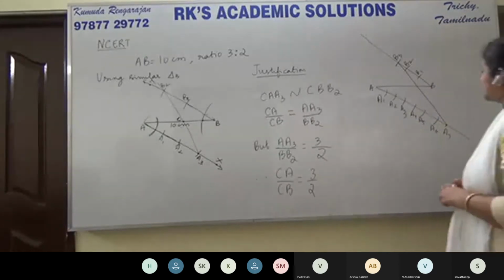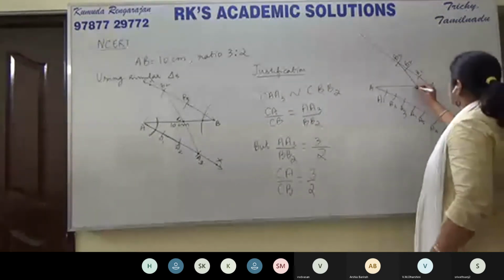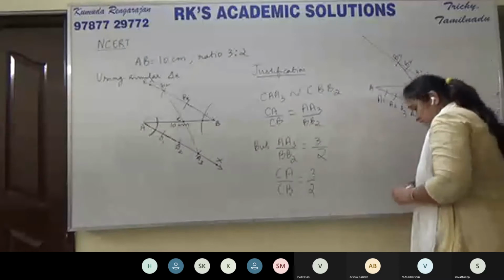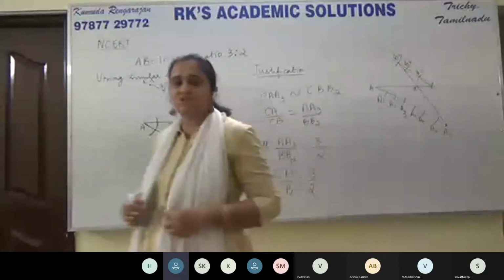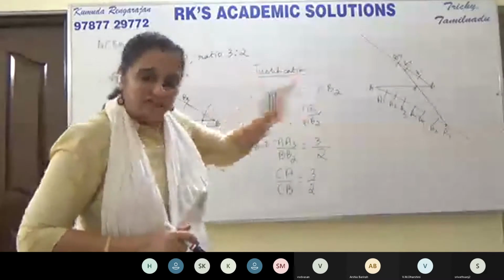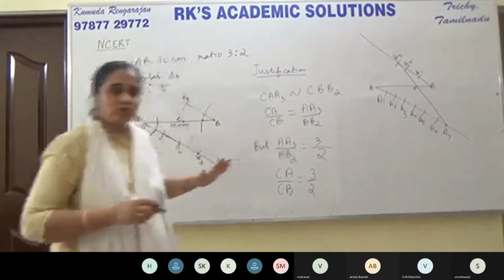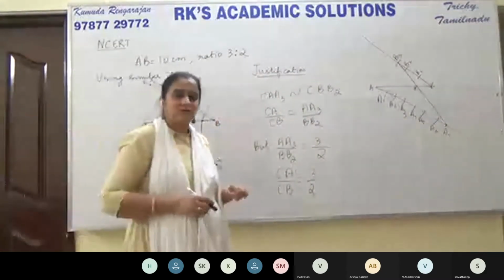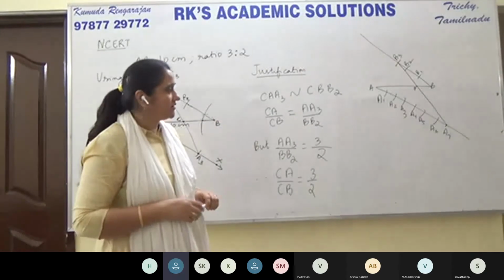Okay. Now tell me the ratio in which P divides AB. 7:3, ma'am.